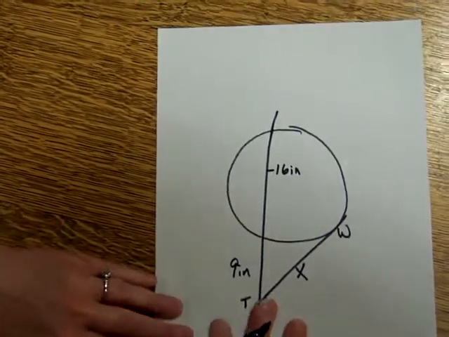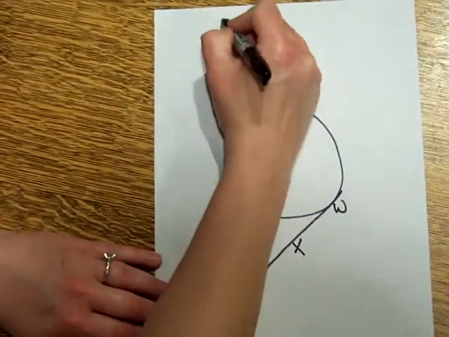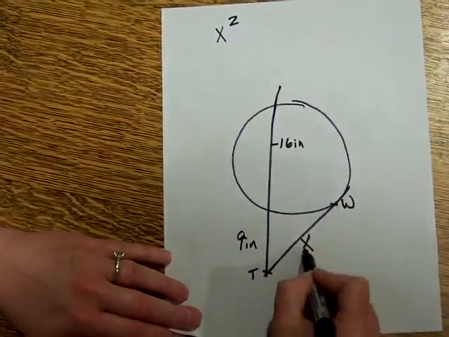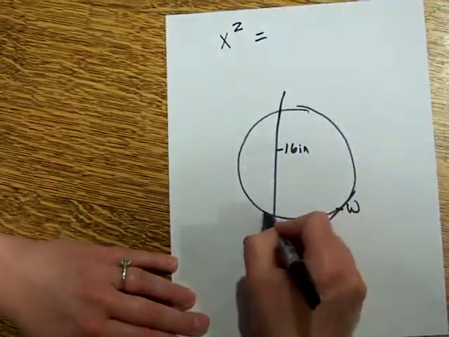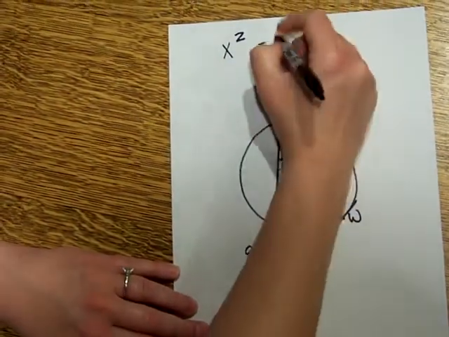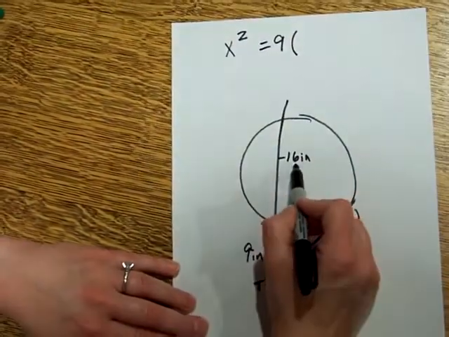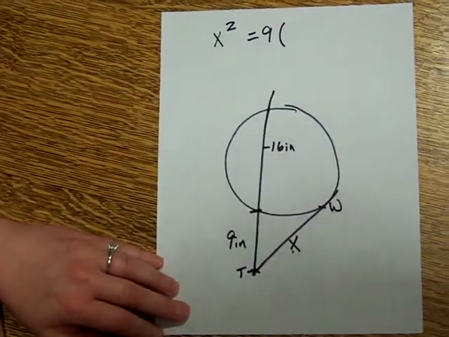This time it is going to be squared. So I'm going to have X squared. My tangent is a squared term here. X squared equals my external segment, which is 9, times not 16. That's the biggest danger, the common mistake.